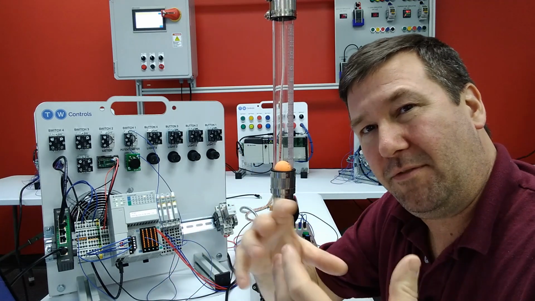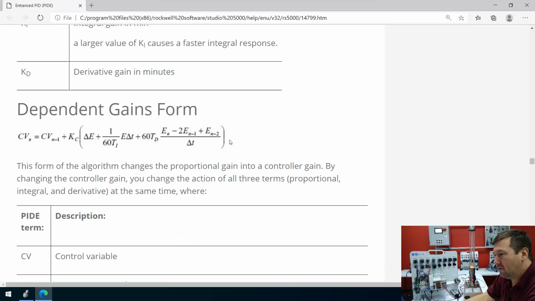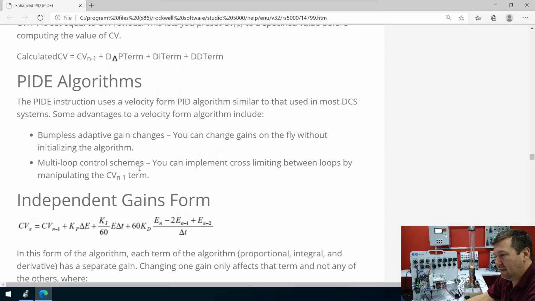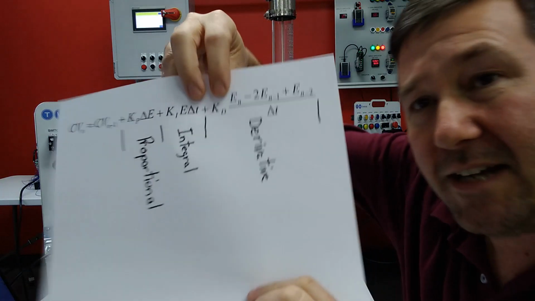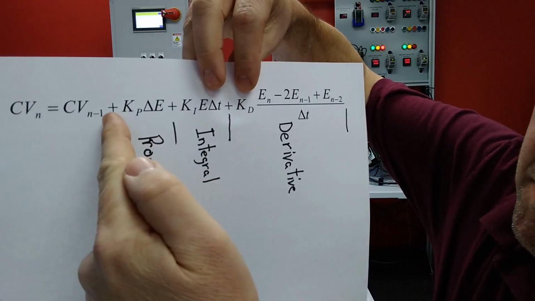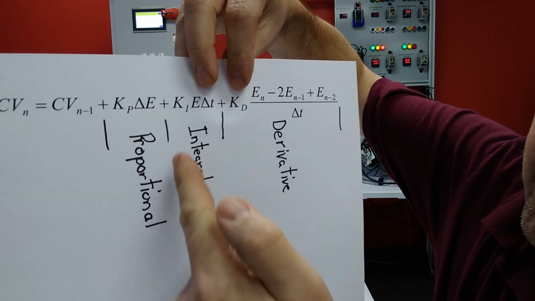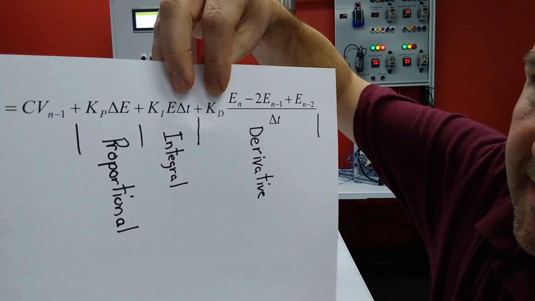And that makes it a little difficult to separate them and understand them individually. If we scroll up to the independent gains, I wrote it down here, we can actually break this equation out. And so the proportional is this section, the integral is this section, and then the derivative is this section.